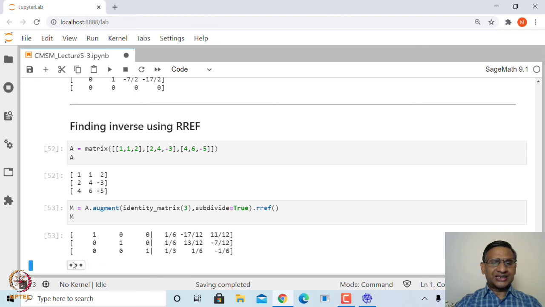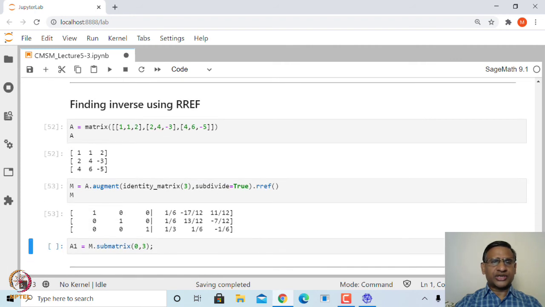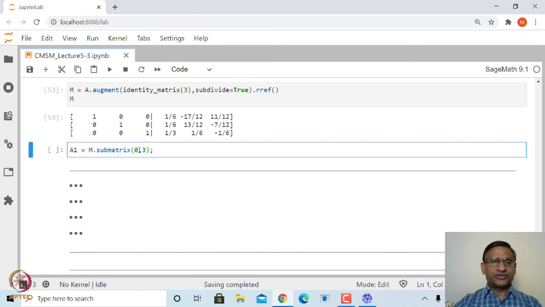So, let us extract that matrix in A1. What are we going to extract? We will extract the last 3 columns. How do I do that? We can use submatrix, starting from the 0th row, take all the rows, and from the 3rd column, that is the 4th column, take all of them.